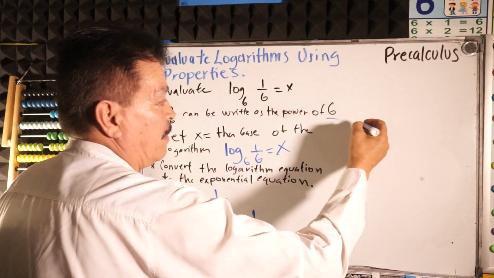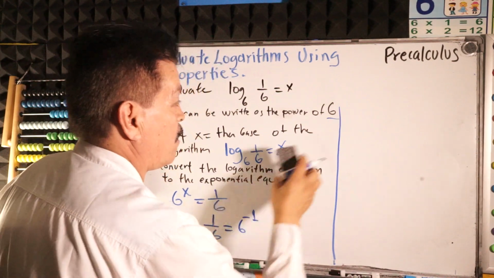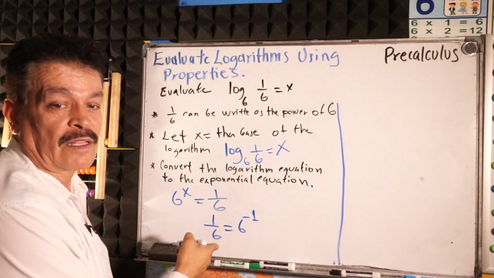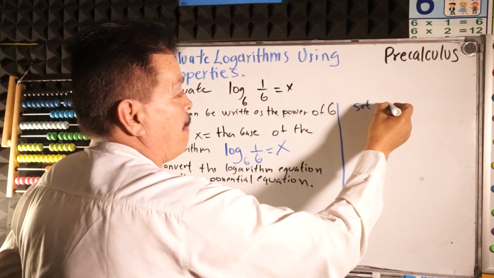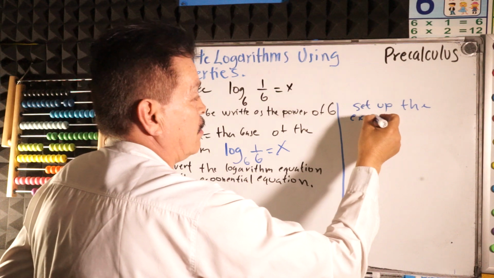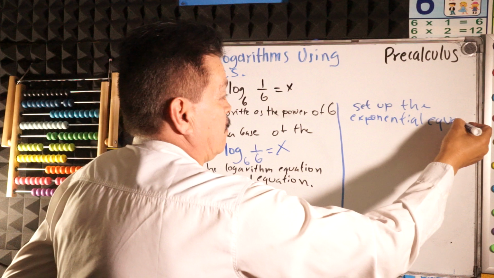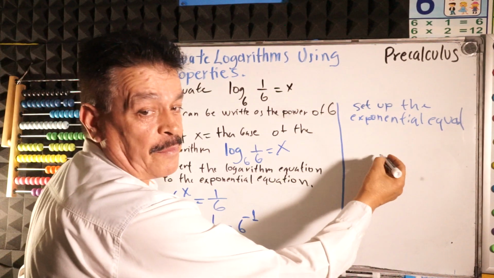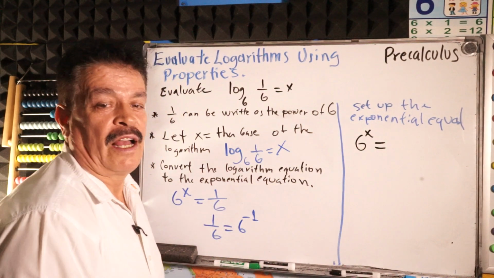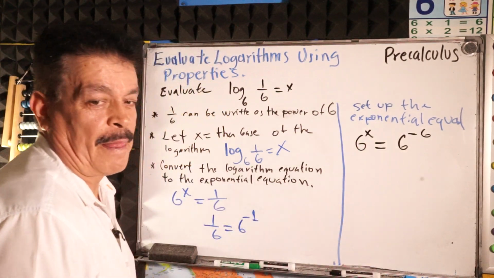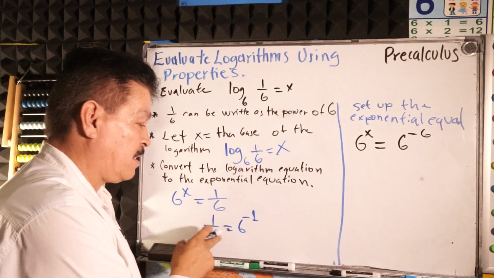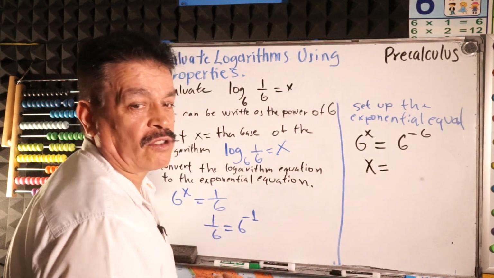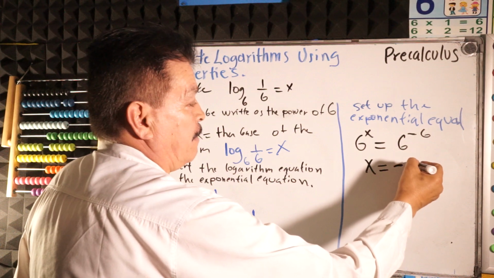So now set up the exponential equal: 6 to the x equals 6 to the negative 1.